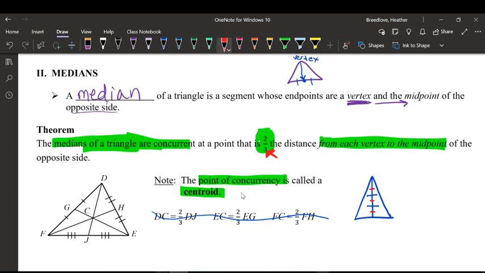And the centroid is 2/3 from the angle to the side. So it would be right here, closer to the flat part. That's where the centroid is. It's also the center of mass. It's the balance point. So if you're trying to balance a triangle, you balance it on its centroid.